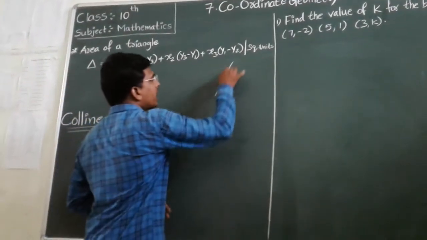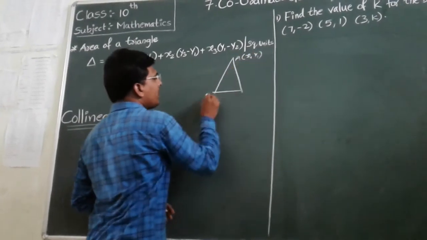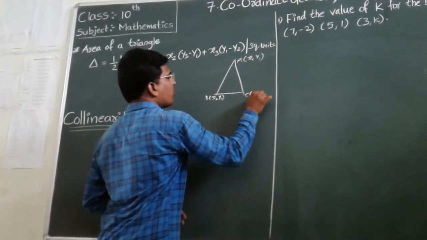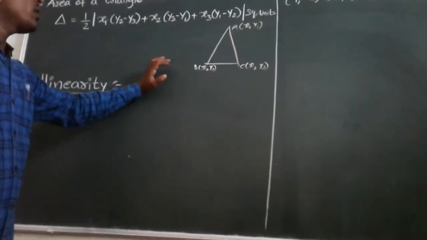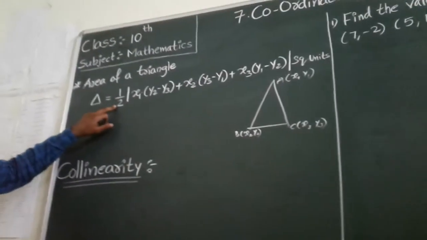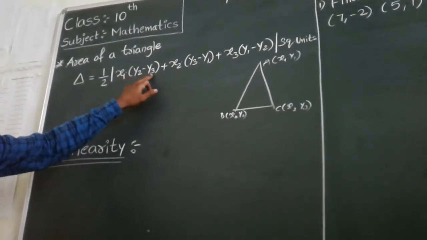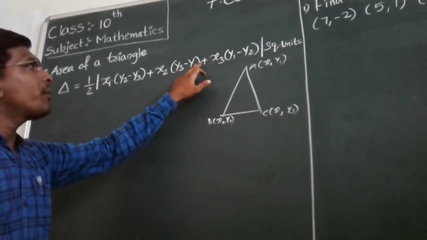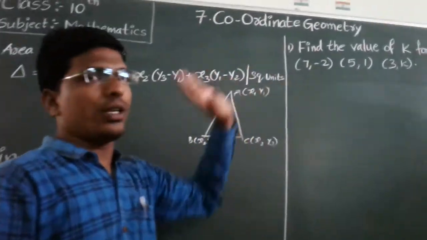So this is the triangle A (x1, y1), B (x2, y2), and C (x3, y3). The x coordinates and y coordinates are given. In this case, what is the area of the triangle formula? Half into modulus x1 into (y2 minus y3) plus x2 into (y3 minus y1) plus x3 into (y1 minus y2) square units.